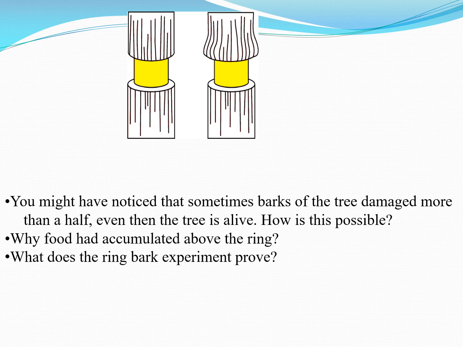Why had food accumulated above the ring? When phloem is removed, it prevents food from passing down to the roots, so food accumulates above the ring. Last question. What does the ring bark experiment prove? It proves that phloem helps in translocation of food.